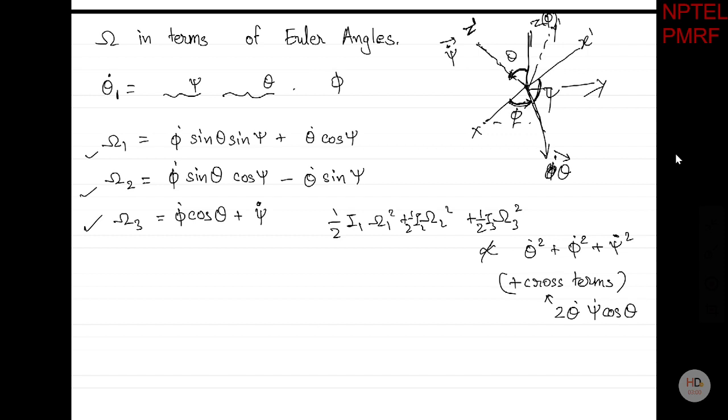And then in the end we calculated the Lagrangian for the heavy symmetric top.